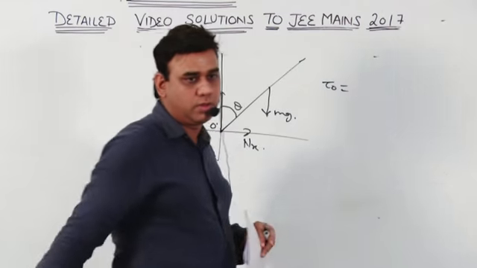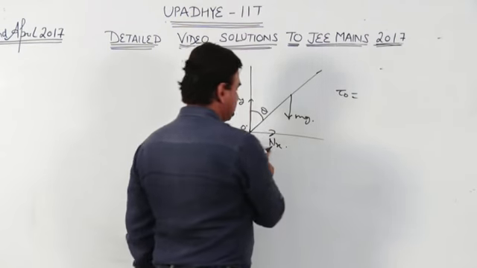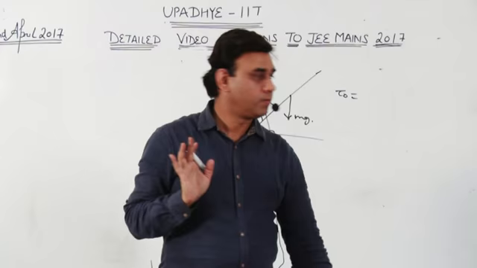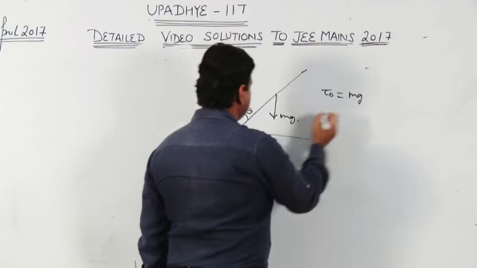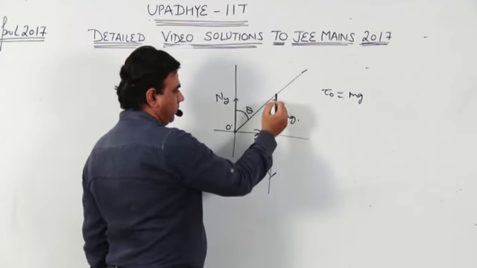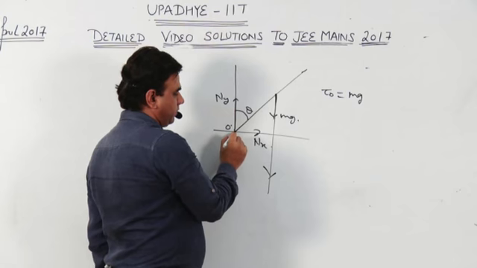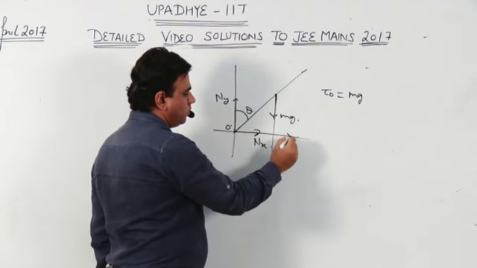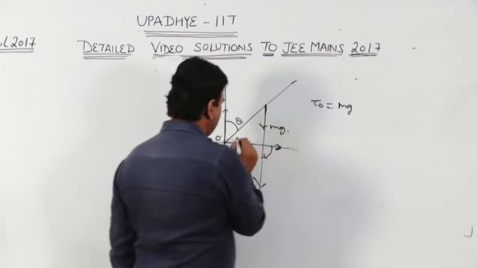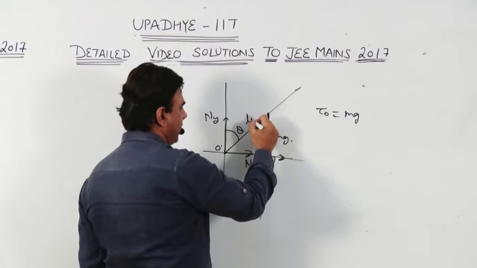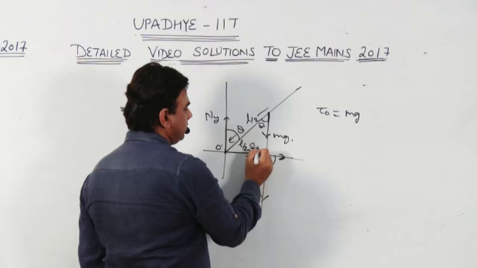So tau O, the torque of all the forces. Since these two forces pass through O, their torque becomes 0. Only the torque of mg will be left. As we know, for whatever point we want the torque, we drop the radius vector from that point to the force, and rotate it toward the force. The mg acts at L by 2, and this is theta here, so the arm becomes L by 2 sine theta.